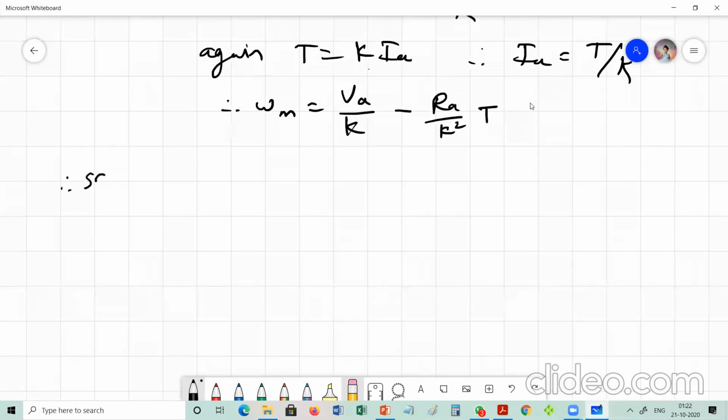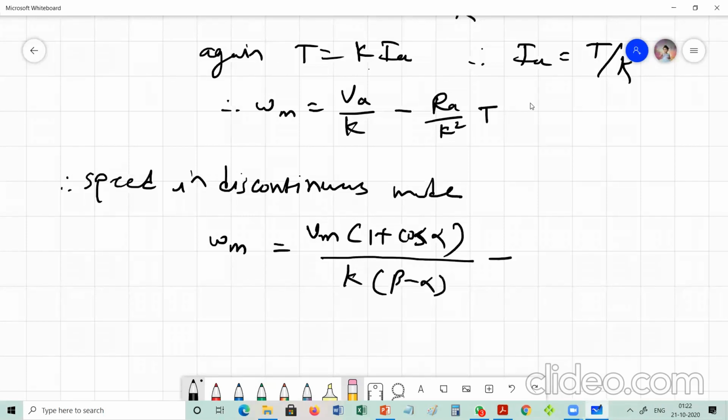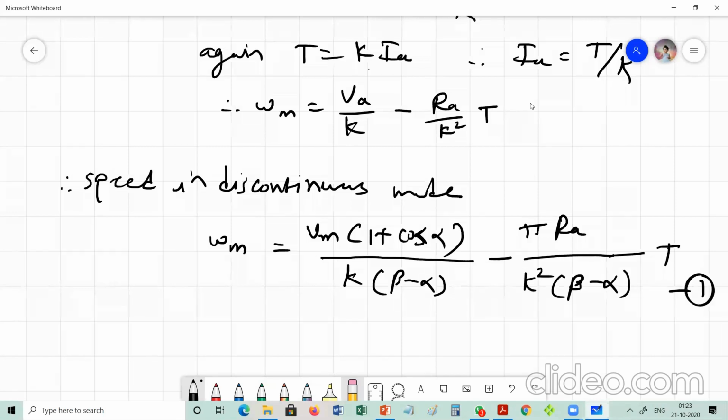Therefore, speed in discontinuous mode, ωm is equal to Vm into (1 plus cos alpha) divided by K into (beta minus alpha minus pi), minus RA divided by K square into (beta minus alpha) into T. Okay, this is the equation of speed.